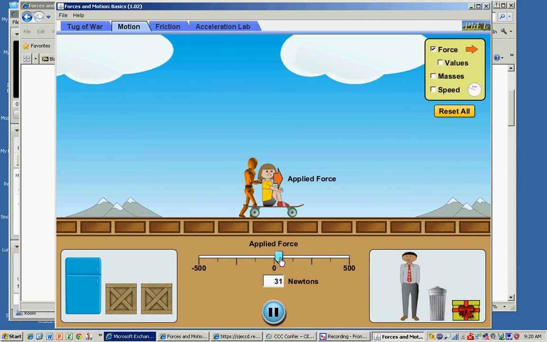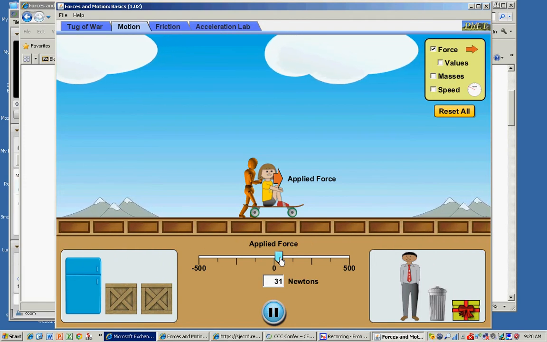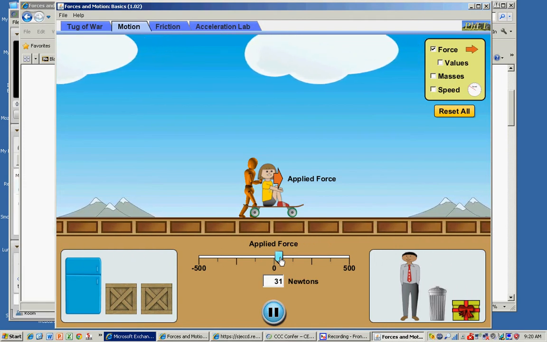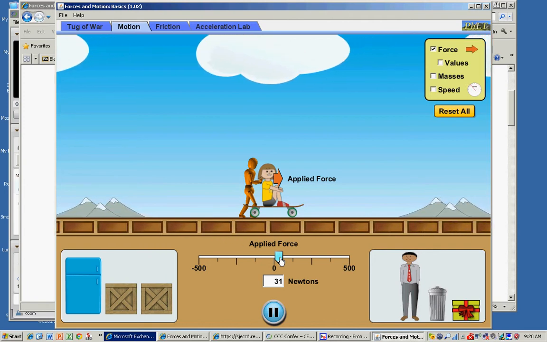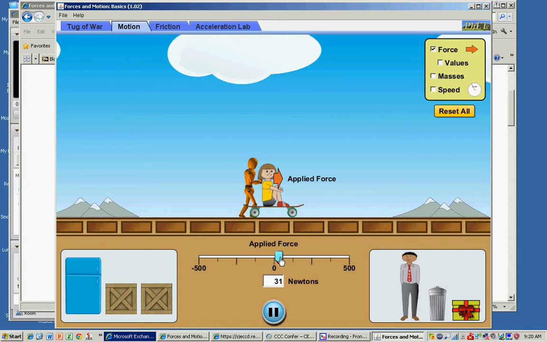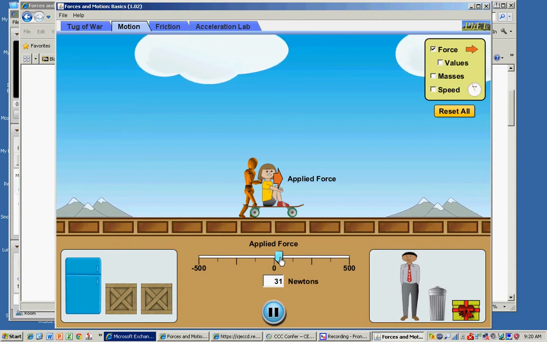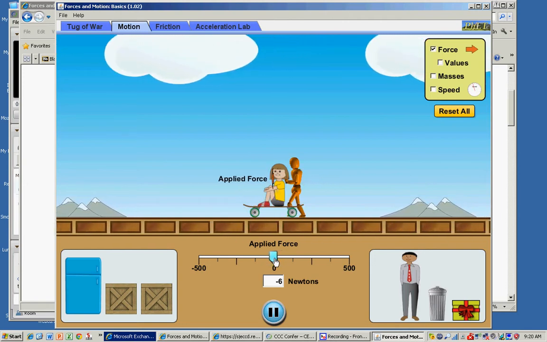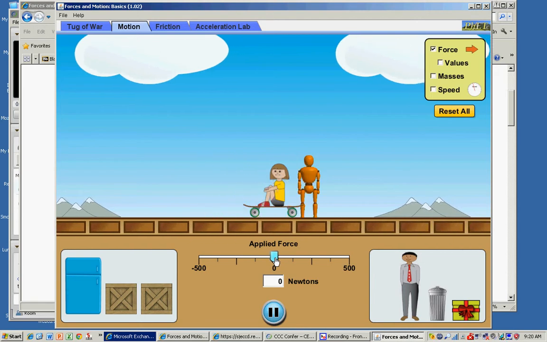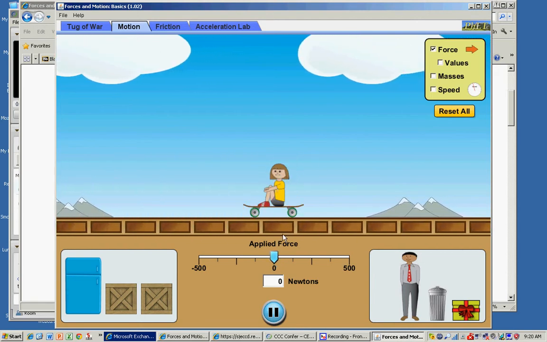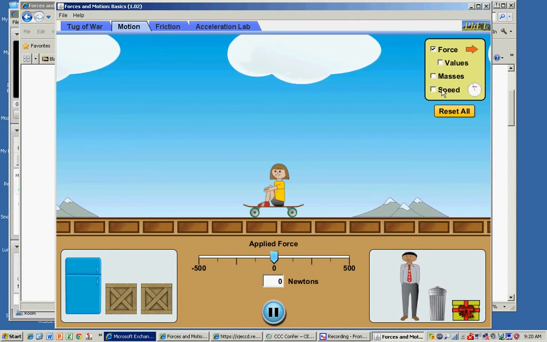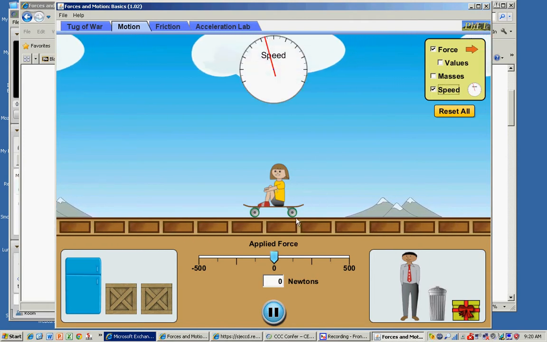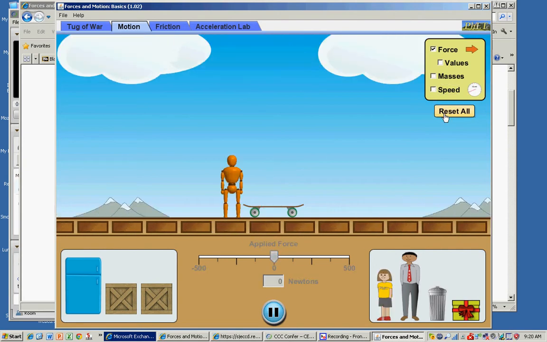Because there is an applied force on it. Force is equal to ma. With an acceleration given, the velocity, in this case also speed, keeps on growing. If you stop applying the force, now she keeps on moving, but with constant speed. Let me reset this.